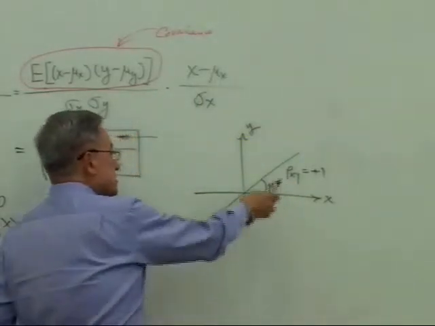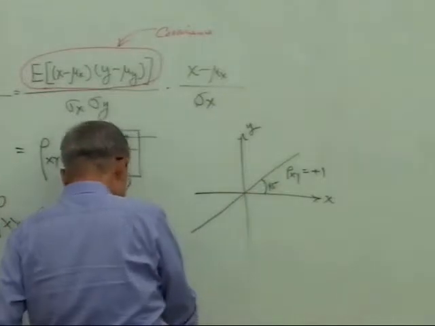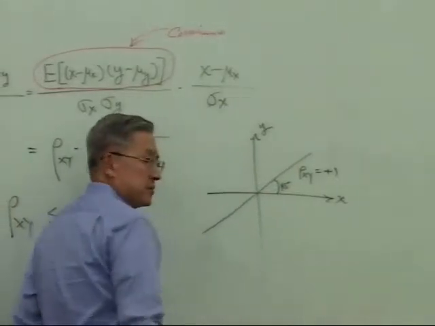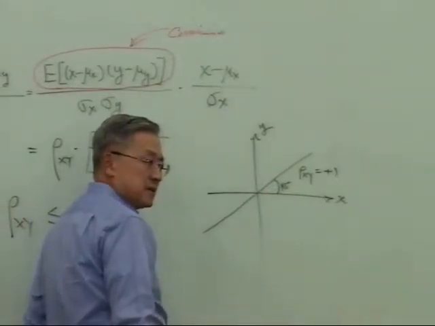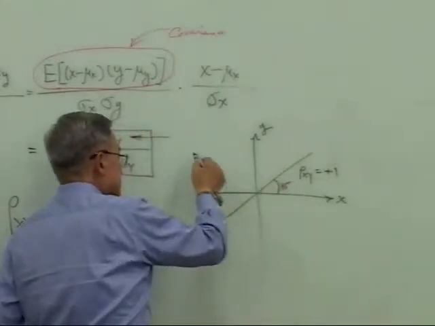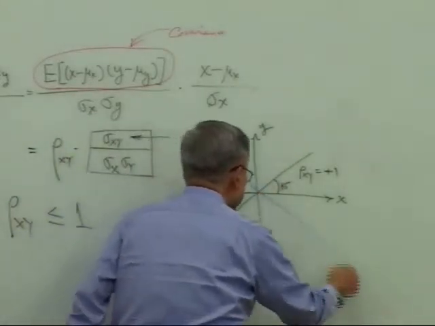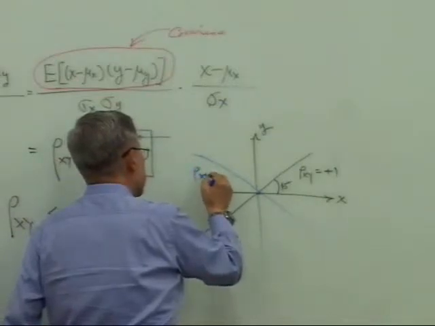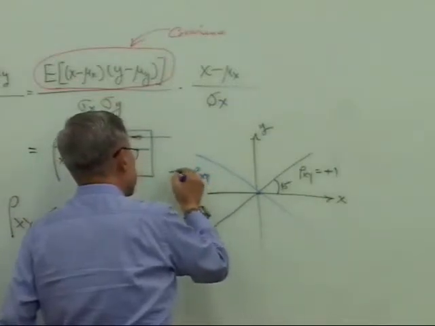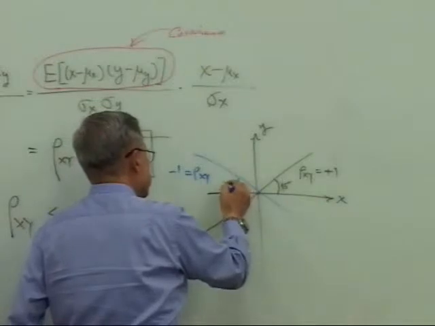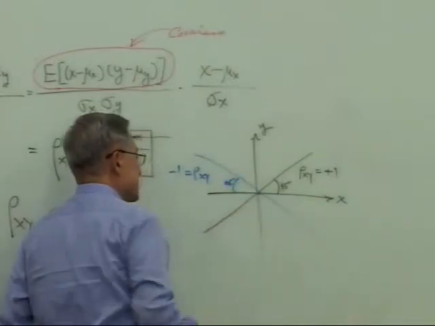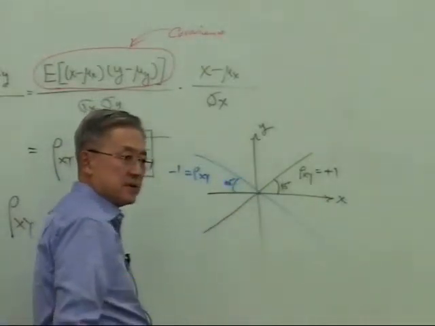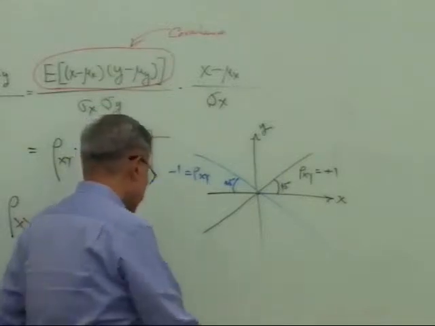Positive rho xy is positive mathematically. And if it is falling in that direction, then rho xy is -1. Of course, this happens to be 45 degrees.